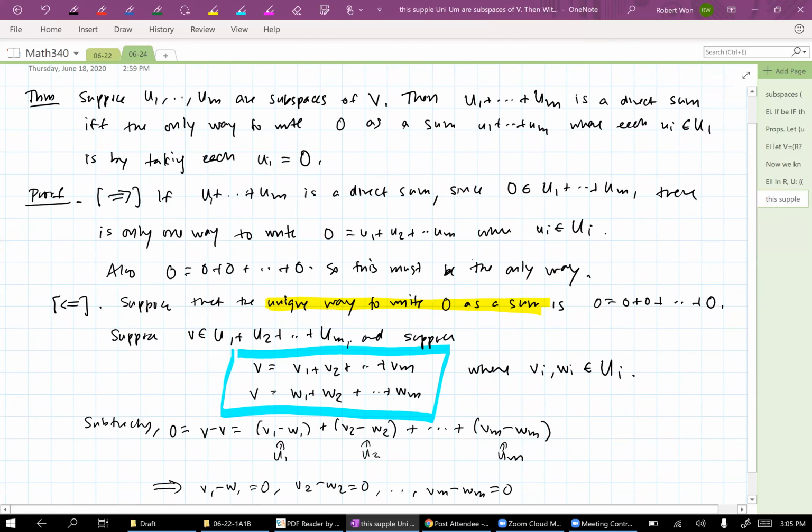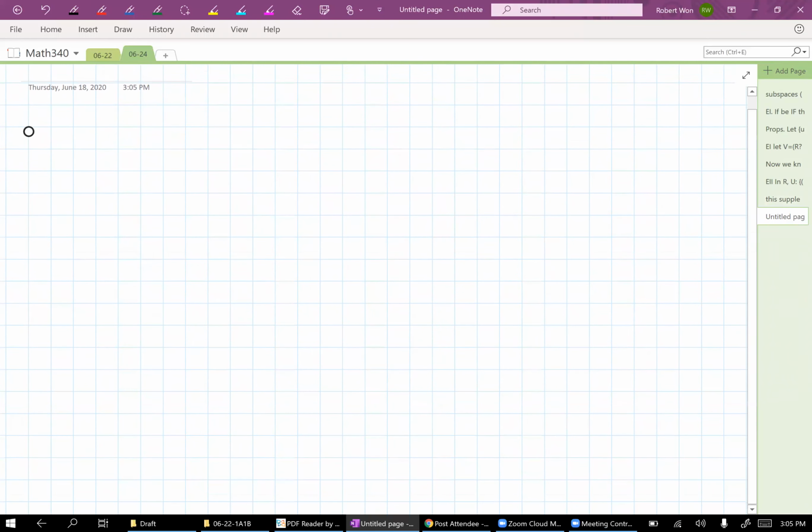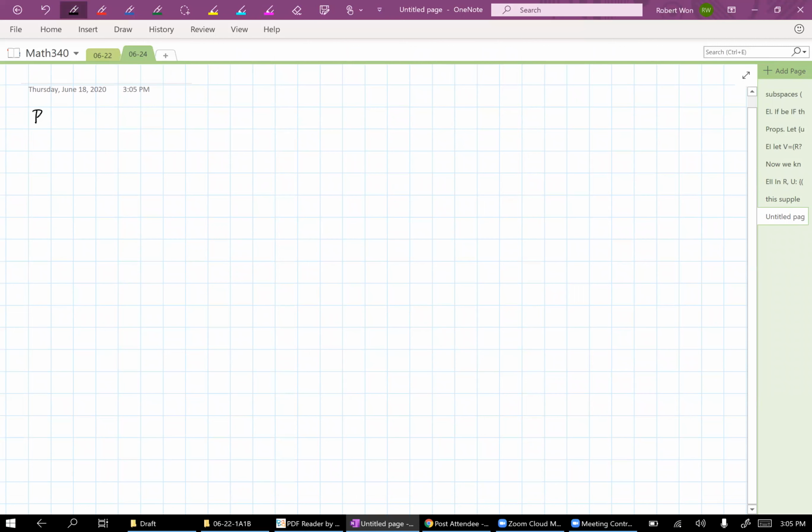Okay, so instead of checking infinitely many things, you only need to check one vector. Okay, but in fact, here's in some ways an even nicer theorem. But this theorem only applies if you have a sum of two subspaces. So here's the theorem.